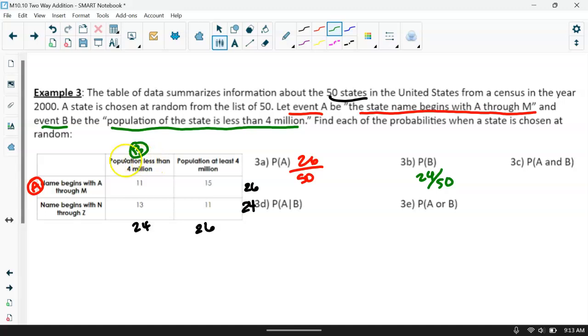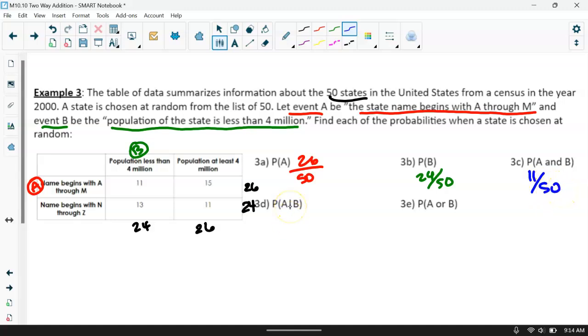The number of states with a population of less than 4 million is 24 out of the 50. Now the probability of A and B. How many states have a name that begins with A through M and have less than 4 million? 11 out of the 50.